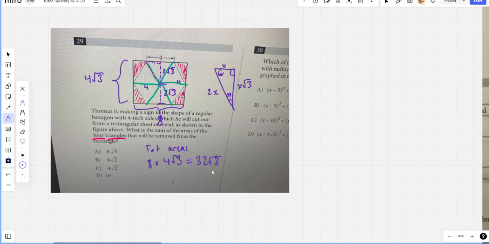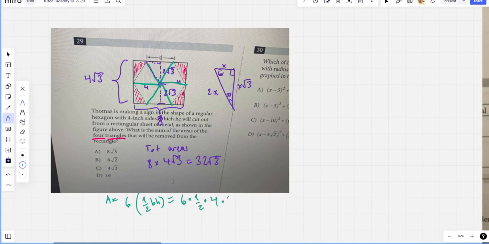Total area here is 32 root 3. So all we have to do to find the area of the 4 triangles is just subtract out the area of the hexagon. Since I don't remember the formula for area of a hexagon, but I do know that these are 6 equilateral triangles, the area of that is going to be 6 times 1/2 base times height, which was 6 times 1/2 times the base of one triangle, which is 4.